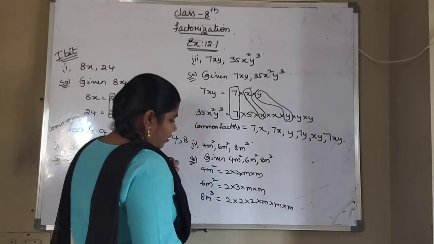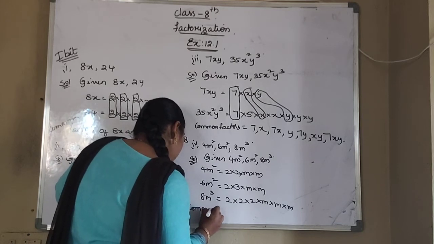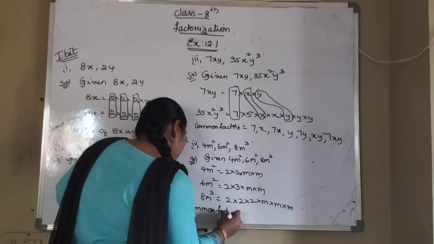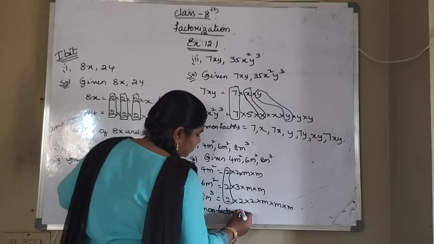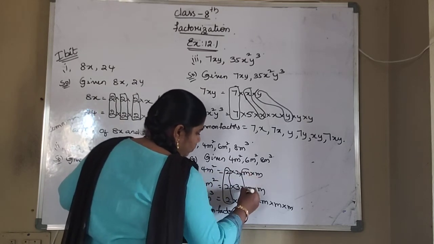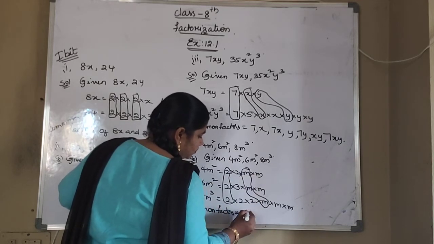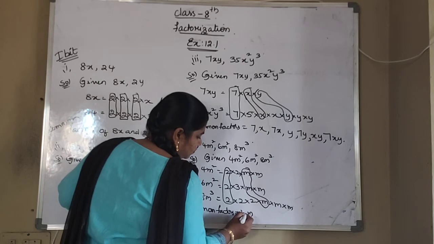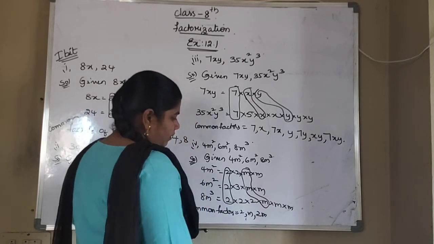What are the common factors here? We will see. 2 is a common factor here. m is also a common factor. So 2 into m, 2m, will also be a common factor.